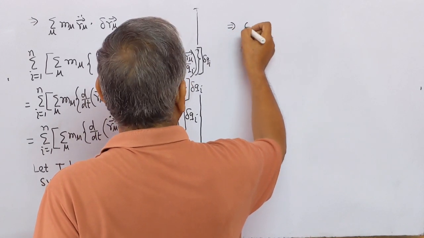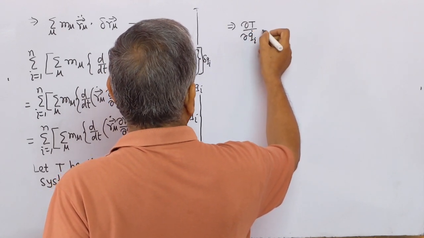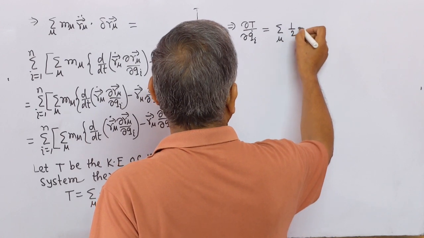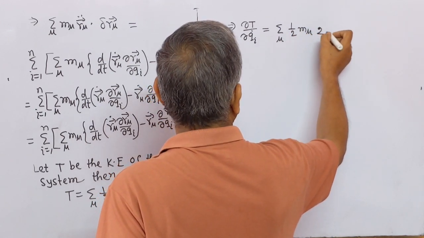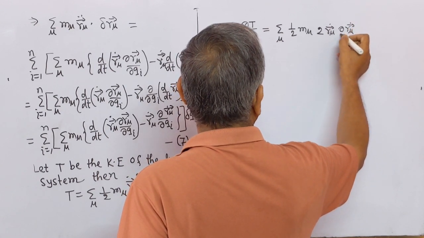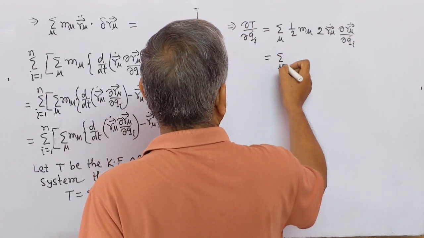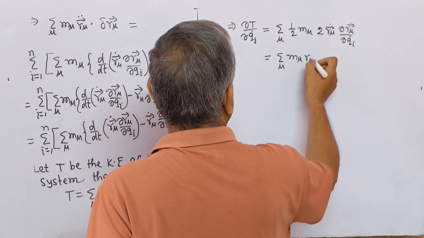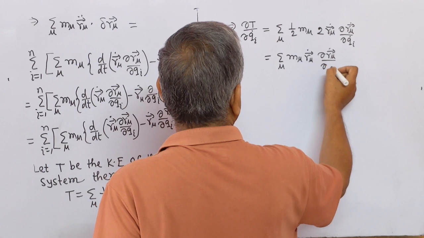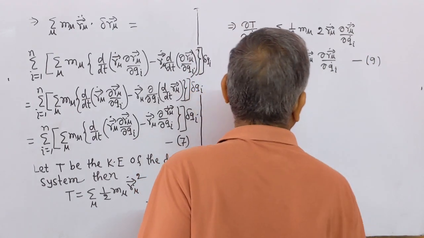Implies that partial derivative of T with respect to q_i dot equal to sum over mu of half a_mu, two r_mu vector dot partial derivative of r_mu dot with respect to q_i dot, this equal to sum over mu of a_mu, r_mu dot vector dot partial derivative of r_mu dot with respect to q_i dot. This is number 9.